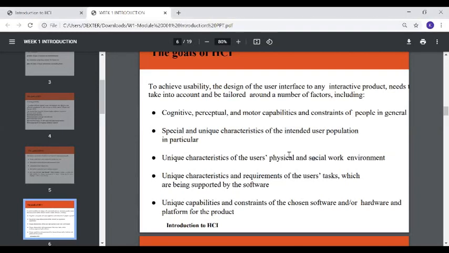Second, special and unique characteristics of the intended user population in particular, unique characteristics of the user's physical and social work environment, unique characteristics and requirements of the user tasks which are being supported by the software, and unique capabilities and constraints of the chosen software and or hardware platform for the product.